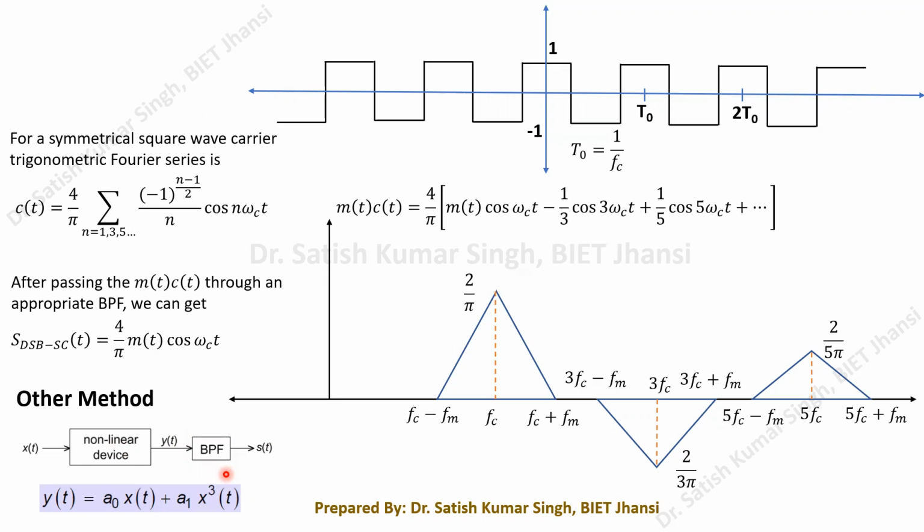So please try to practice this one. I am saying envelope detector, but it is not the envelope detector; I have already talked about the square law modulator, the generation of the AM wave. In the square law modulator, if you remember, there is a characteristic like the output equals a1 Vi plus a2 Vi square.